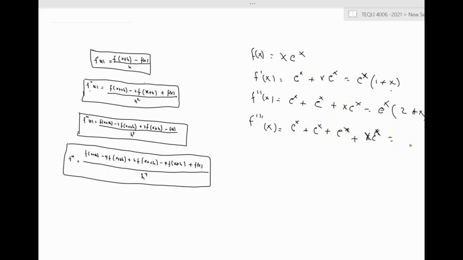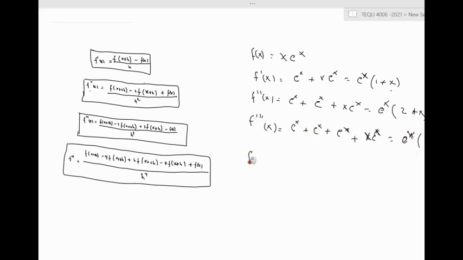Get e^x as a factor, and then you have 1, 2, 3 plus x. So you can clearly see there's a pattern that is developing doing this derivative.